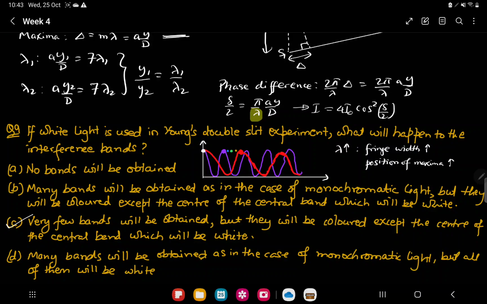After that we will see a few bands which are colored, and the colors would be such that first we will see violet, then indigo, then blue, then green, then yellow, orange, and finally red. As the wavelength increases, the fringe width also increases.